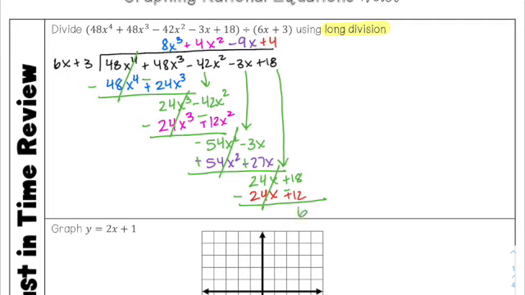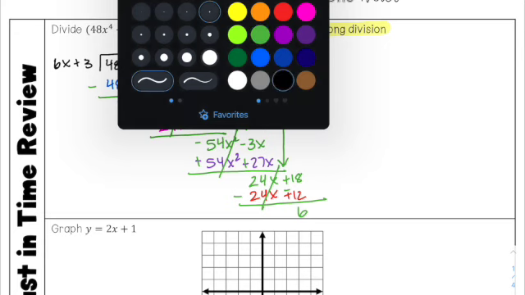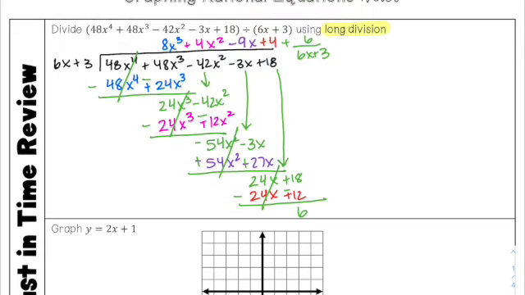So when I go ahead and have this here, remember that this 6 is my remainder, so we're going to write it over our divisor. So we'll have plus 6 over 6x plus 3. So my answer will be my quotient up here.